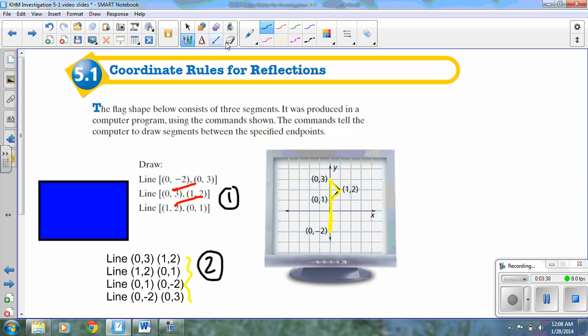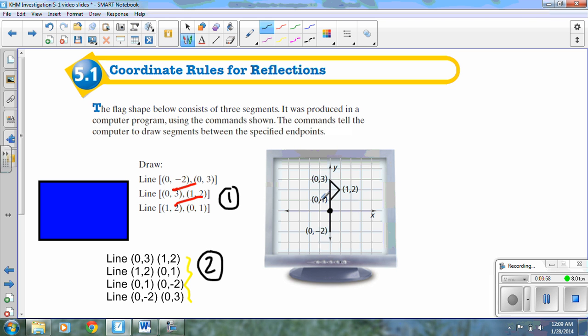Okay? And then the final question on that sheet tells you to write a set of commands to produce a square centered at the origin. So you're going to write a set of commands. Here's the origin right here in the middle.